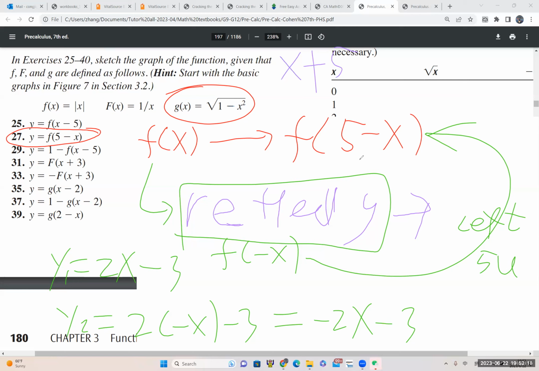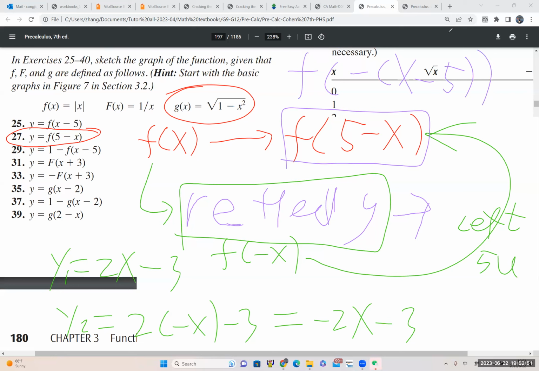So it depends from here to here. X is replaced by which one? 5 minus x. Good. So that means we can actually write this as f of... You take out negative x, so it's minus 5, right?